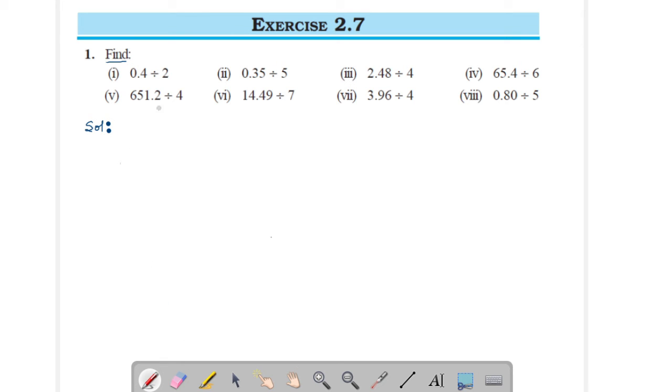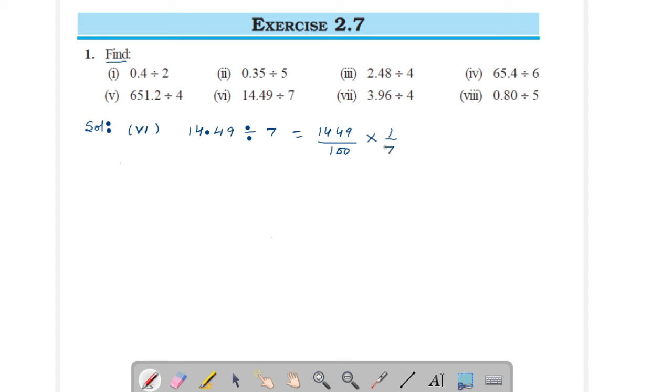Now come to sixth part. It is 14.49 divided by 7. This can be written as 1449 upon 100 into reciprocal of 7, that is 1 upon 7.